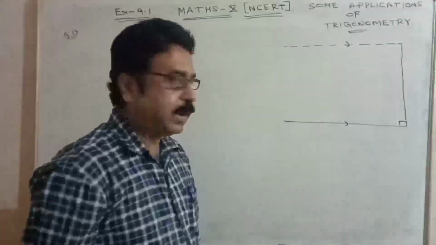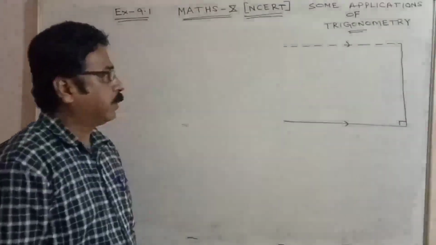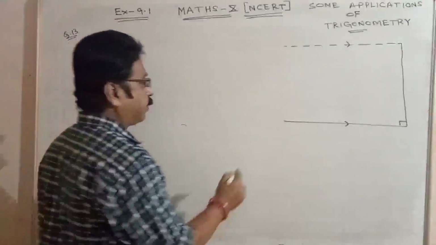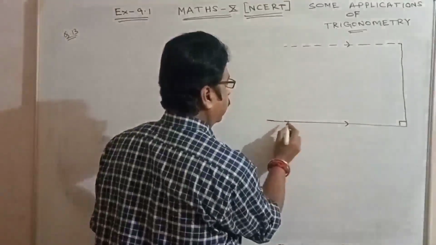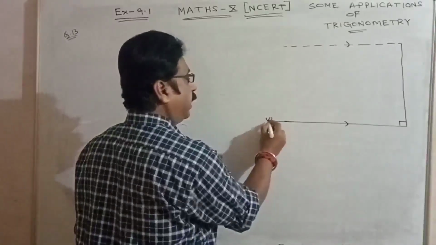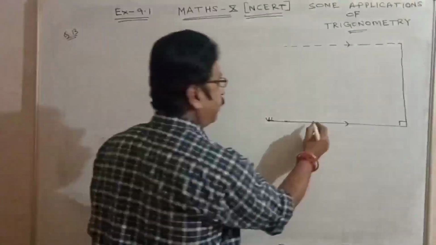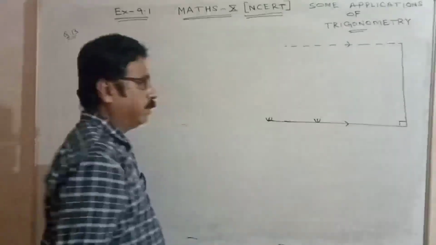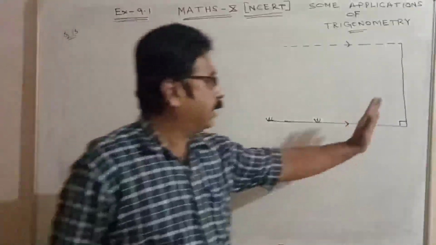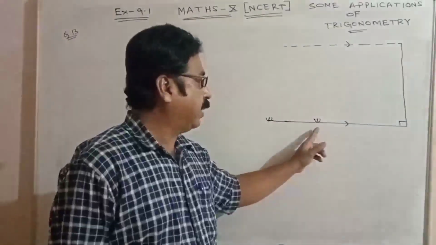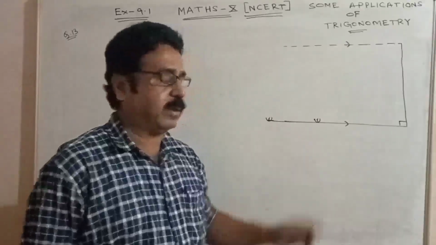These two lines are parallel to each other. Suppose one ship is here and another ship is here. Same side of the tower. One is just behind the other.